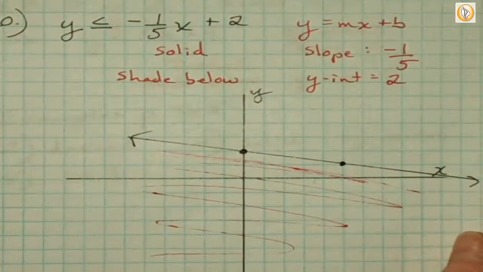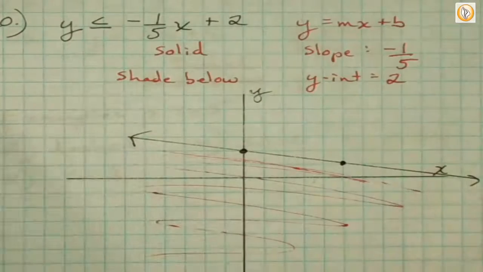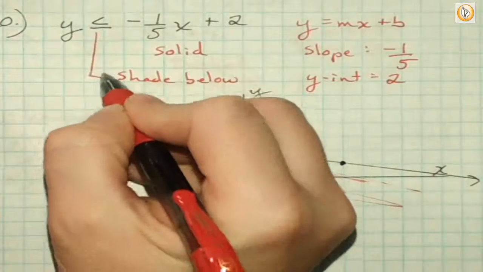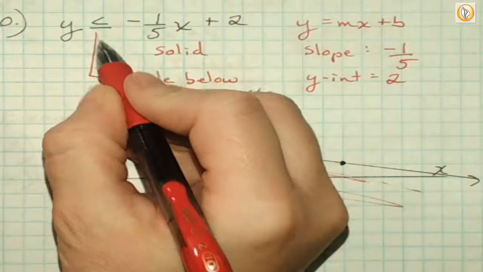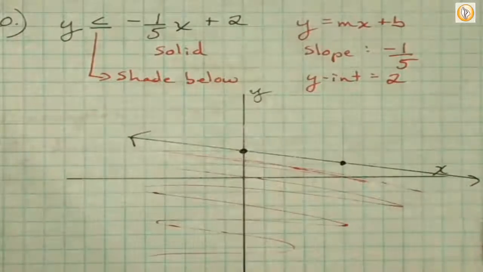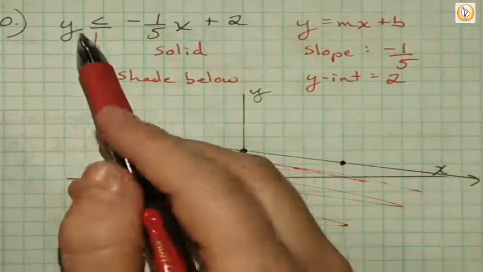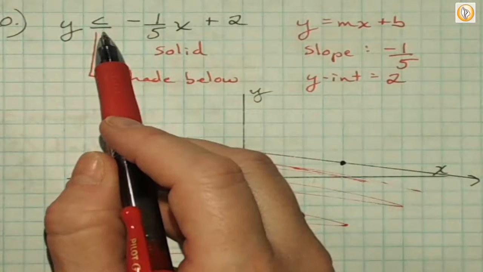Shading below because of the way it's going, right? No, it's shading below because of this sign right here. It's less than or equal to, just less than, meaning you shade below. That's not a greater sign, that's a less than sign.